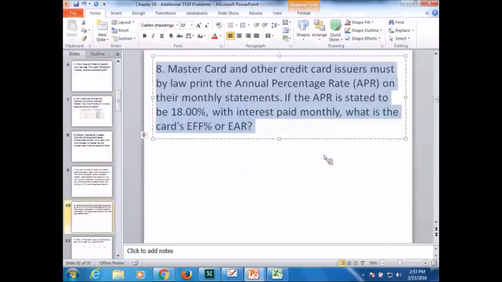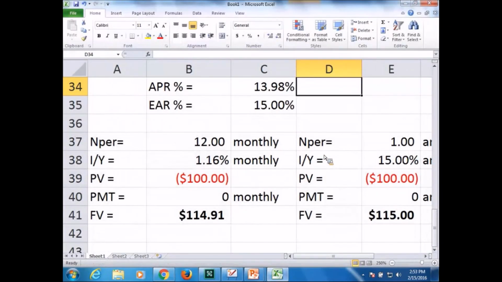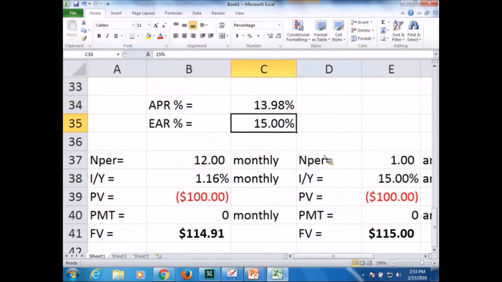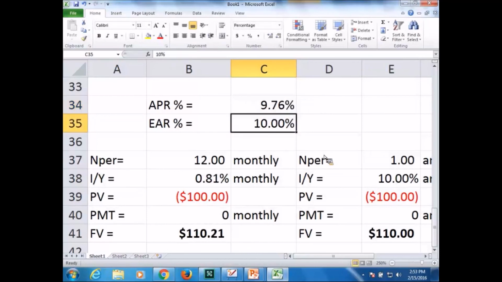Look, let's go back to our example here. Suppose the effective rate is 10% with annual compounding. With semi-annual compounding, so twice a year, we put 2 as the number of periods. So it's 9.76.